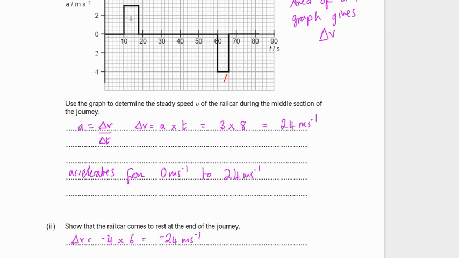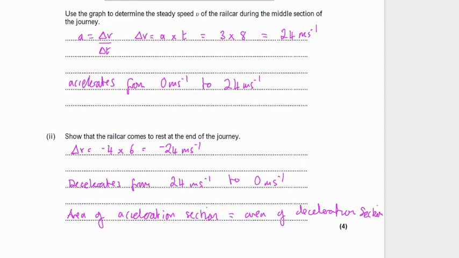So the area of an acceleration time graph gives us the change in speed. And we can see that the area here and the area here are exactly the same. So the increase in speed here is the same as the decrease in speed there. That's an alternative way to look at it.